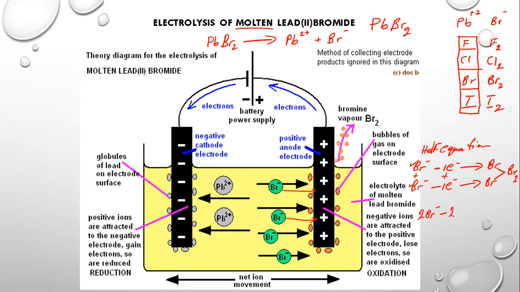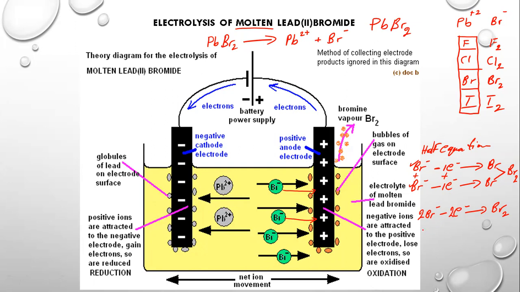So minus 2 electrons goes to form Br2. This is the half equation for the reaction at your anode. This half equation could be written the other way around, and you will see it that way in most texts. I prefer to write it like this because students tend to grasp better having the minus sign there indicating that the 2 electrons are being lost.